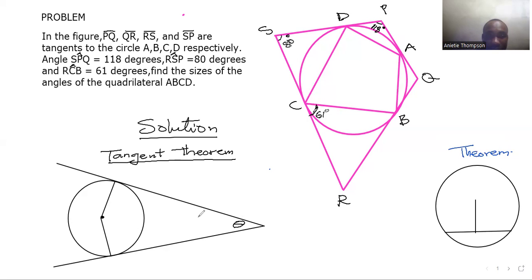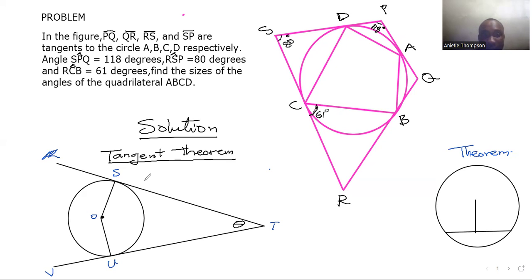If you have a diagram like this where, let me call this R, S, T, you can say U and V. Now, RST and UVT, these two lines are tangents because they touch the circle at the points S and U. So this circle has a center O.